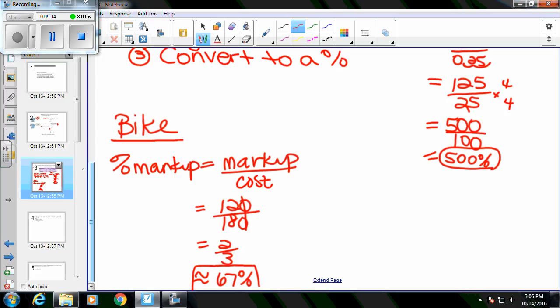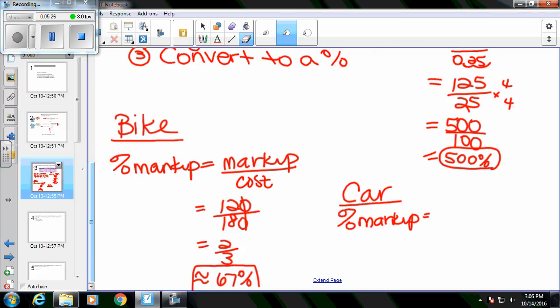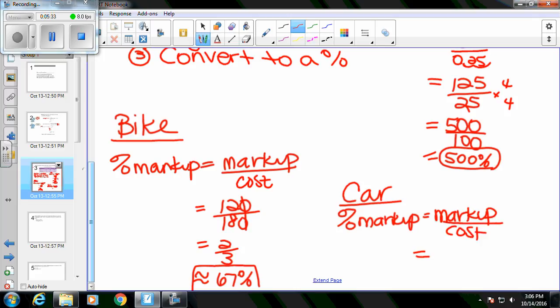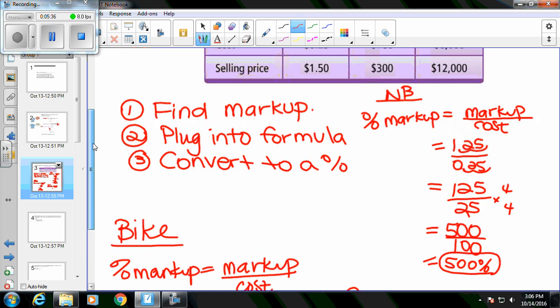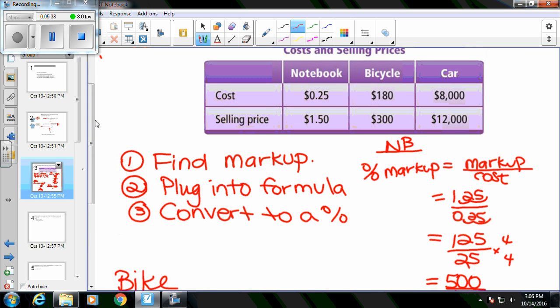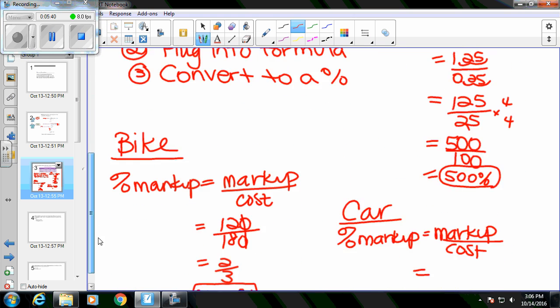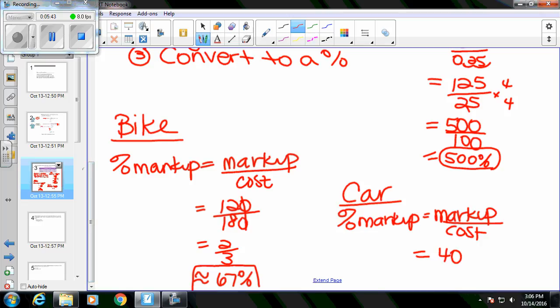Now let's look at the car. Percent markup equals markup over cost. So my markup, $12,000 minus $8,000, is $4,000 over the cost of $8,000.